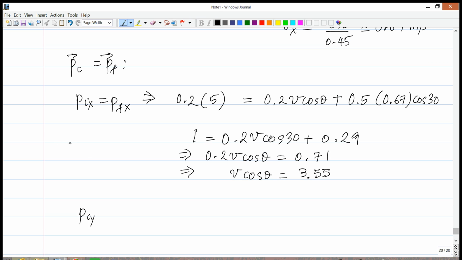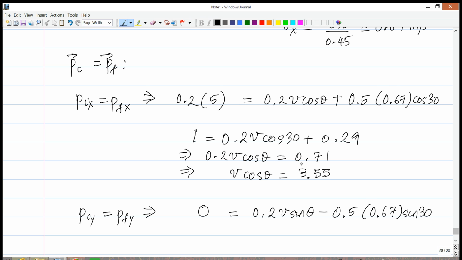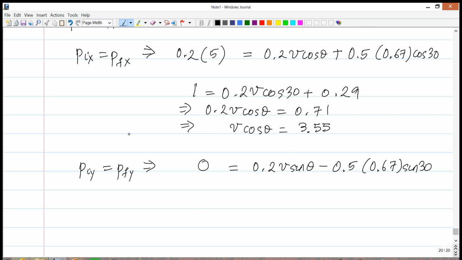Now we can do Piy equals Pfy. In the beginning there is no y momentum, so that is equal to 0, and then we have 0.2 v sine theta minus 0.5 times 0.67 times sine of 30. Let's see what we get.